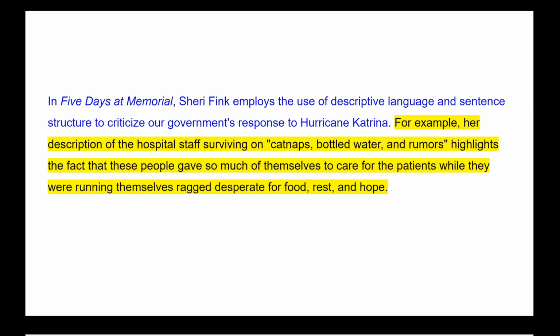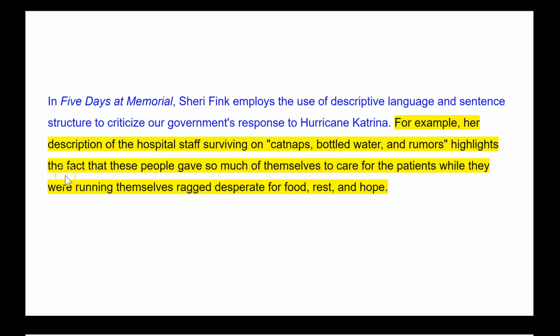After I write my topic sentence, then I want to include my textual evidence. So I write, for example. That transitional phrase helps to identify the fact that I am going to add on evidence. For example, her description of the hospital staff surviving on, and then I have my quoted text, catnaps, bottled water, and rumors, highlights, so I have what it does, the fact that these people gave so much of themselves to care for the patients while they were running themselves ragged, desperate for food, rest, and hope.